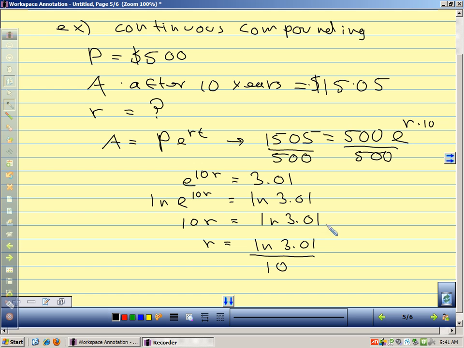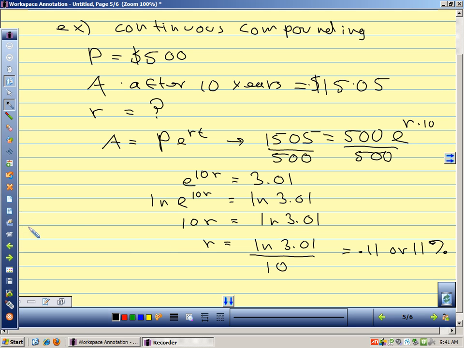And I come out with 0.11 or 11%. So we'd have to invest our money at 11% in order to get $1,505 out of $500 in 10 years. But we solved this just like we solved other exponential equations. Questions on that example?